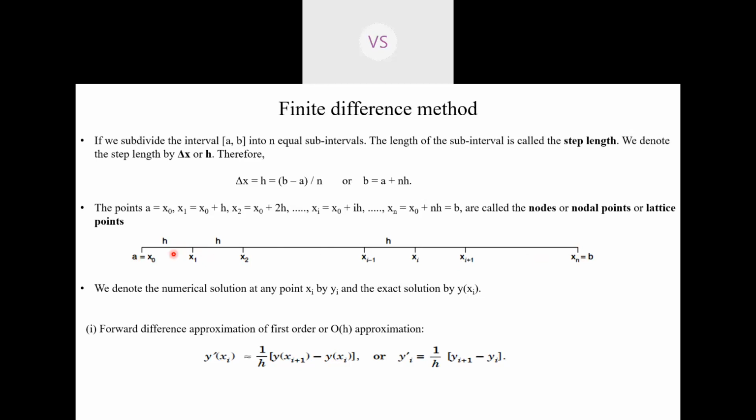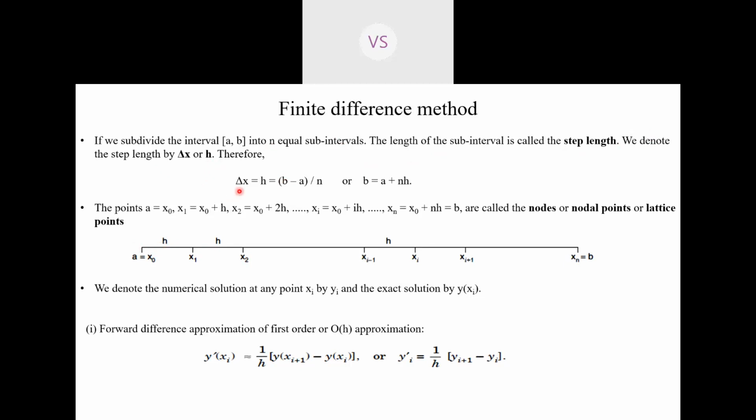You can see the distance between two points x0 and x1 is h, and here also h. The length of a subinterval is called the step length. We denote it by delta x or h.